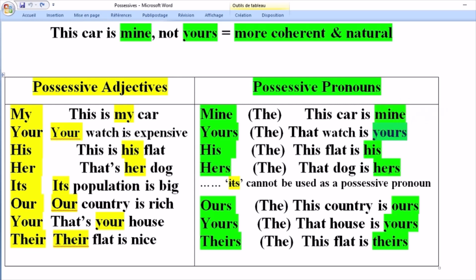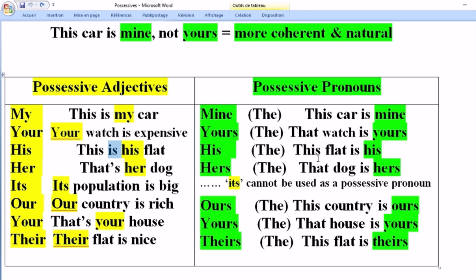That watch is yours. The same thing for his. This is his flat. His, as you see here, remains the same expression. But here it is used as a possessive pronoun, and the first one is used as a possessive adjective.